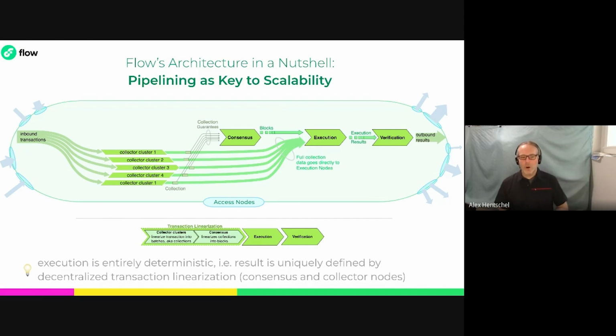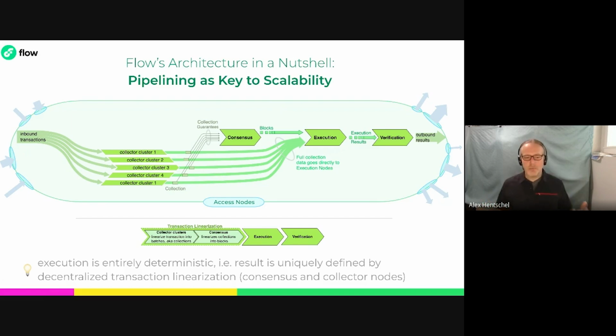One critical insight here is that once the transactions come out in a linearized order, what the execution nodes do is fully deterministic.